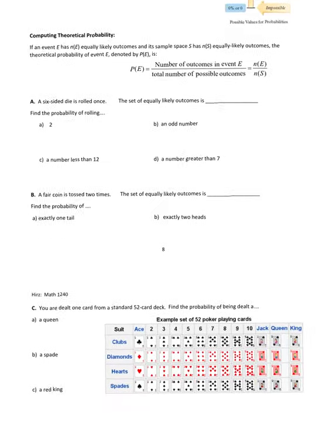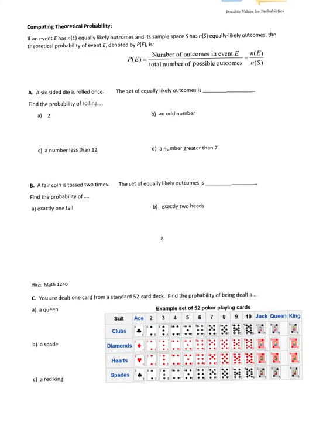When you're computing theoretical probability, we're looking at an event, E, that has n(E) equally likely outcomes, and its sample space has n(S) equally likely outcomes.